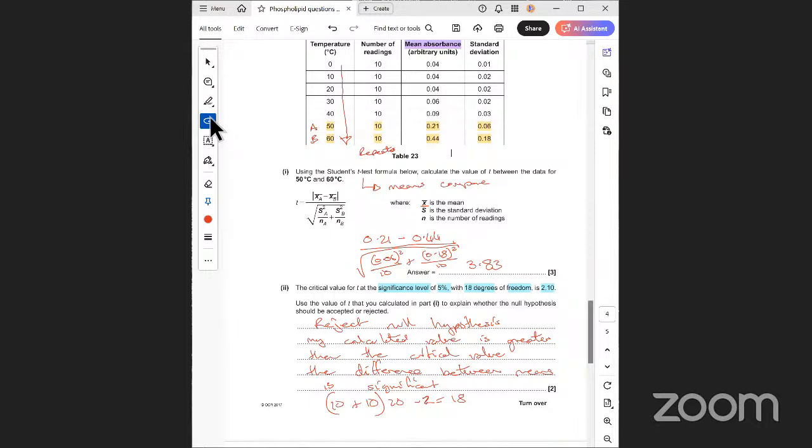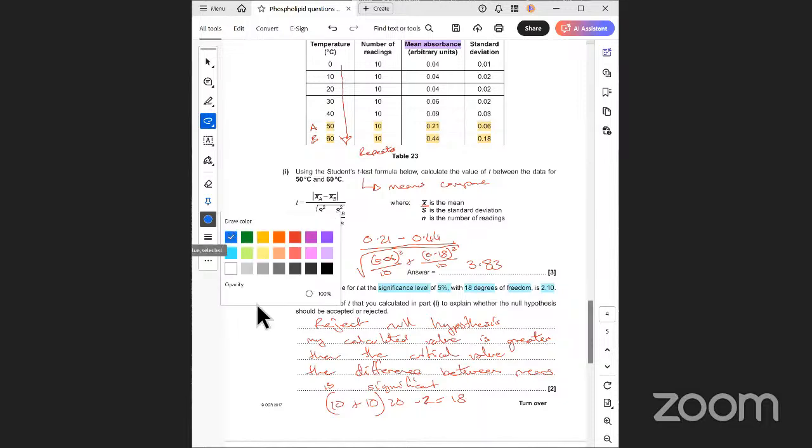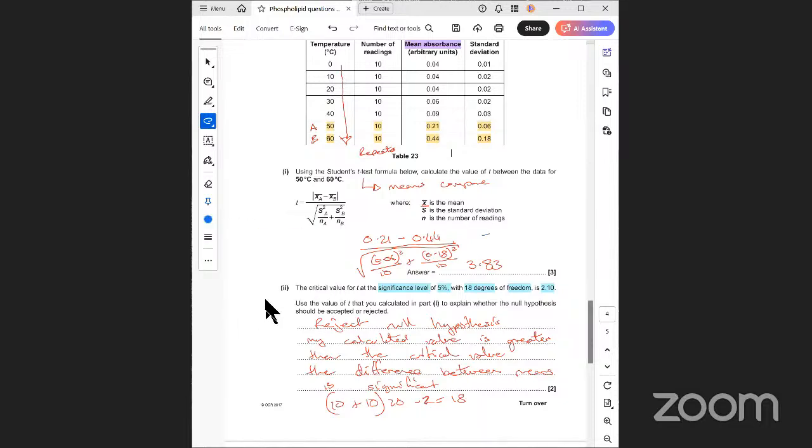So let's just say, I'm going to make this up and we'll do it in blue, I'd got a negative 1.43.